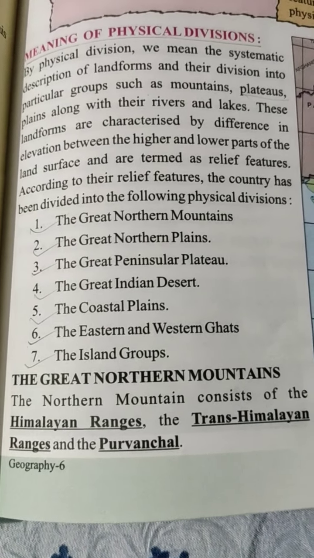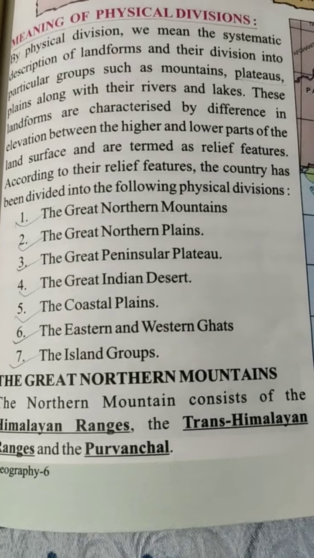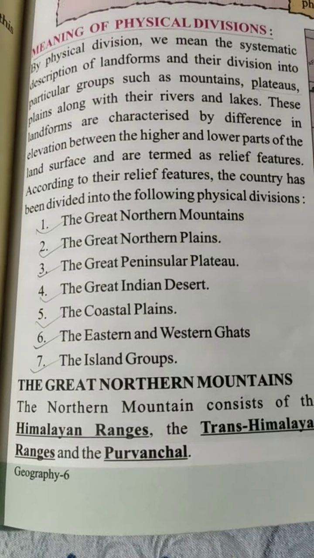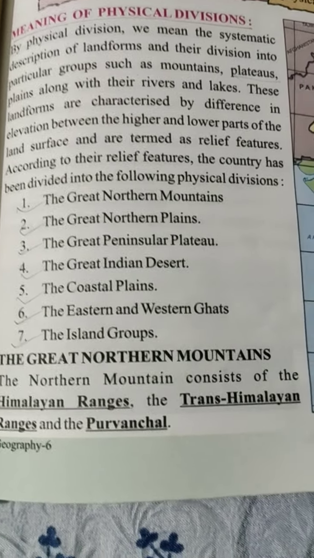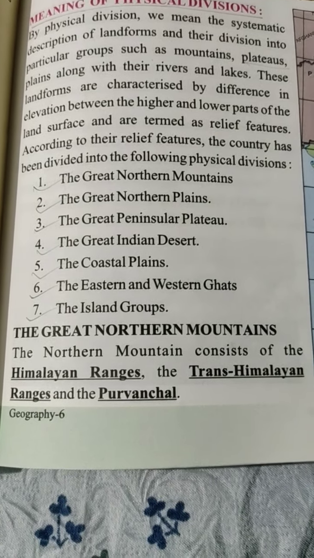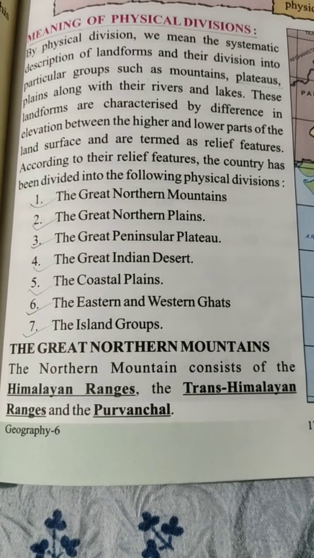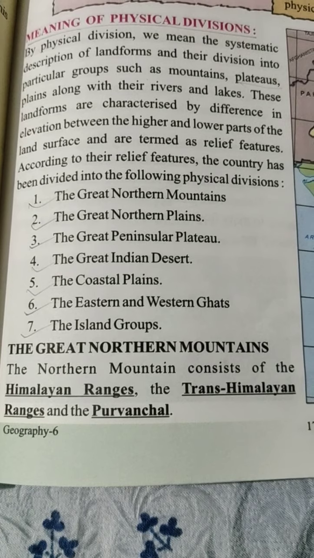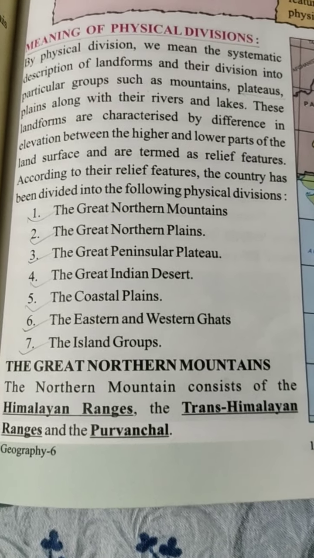The Great Northern Mountains. The Northern Mountains consist of the Himalayan ranges, the Trans-Himalayan range and the Purvanchal.